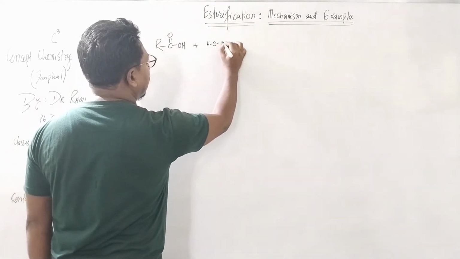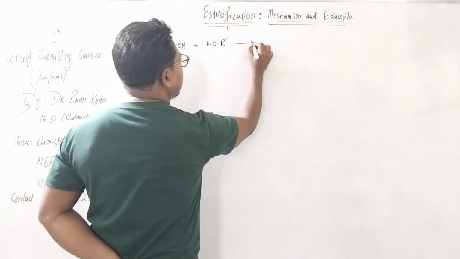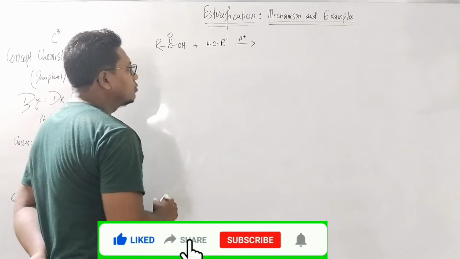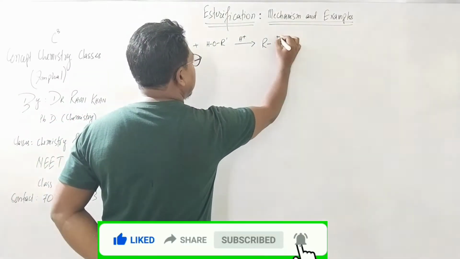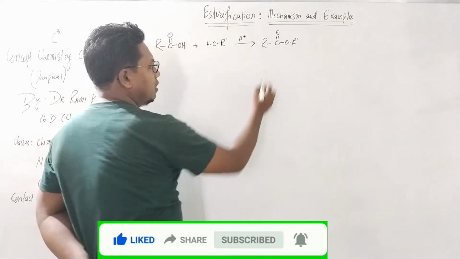Suppose this is our alcohol, R dash OH, and these two are reacted in the presence of an acid to form an ester, R C double bond O R dash. This is the ester.